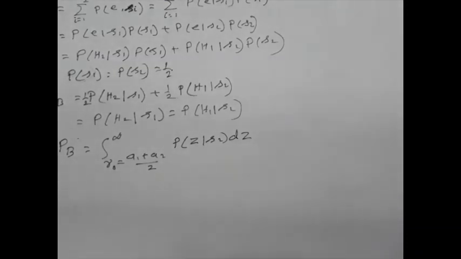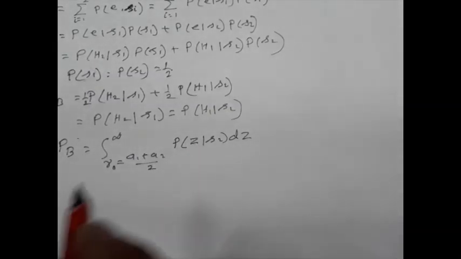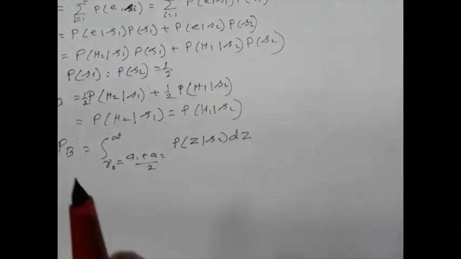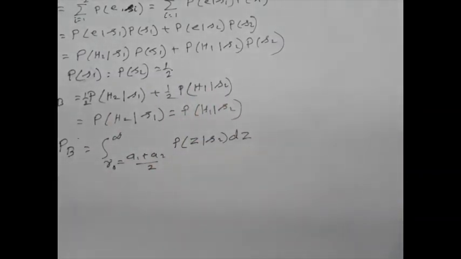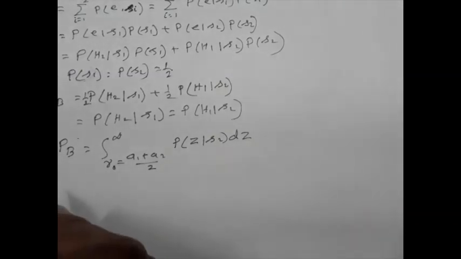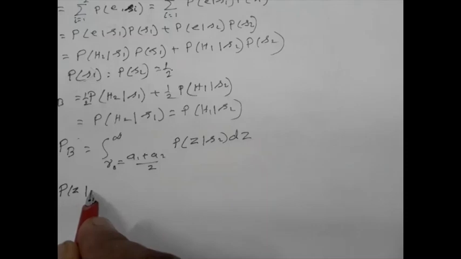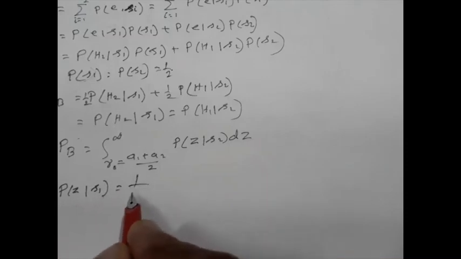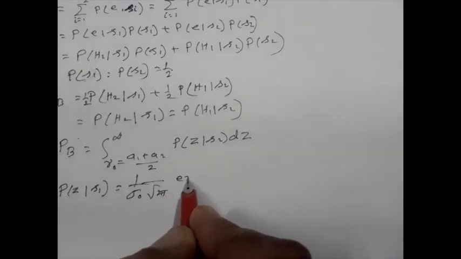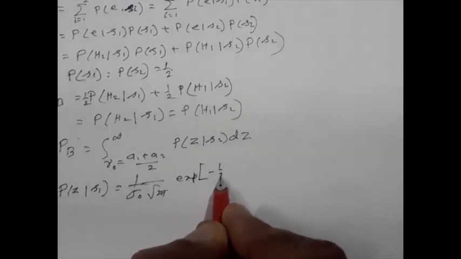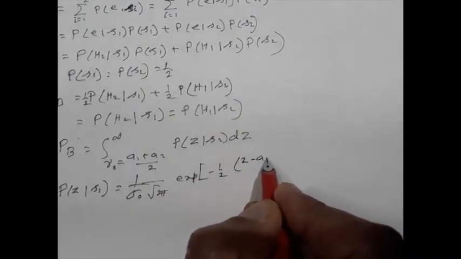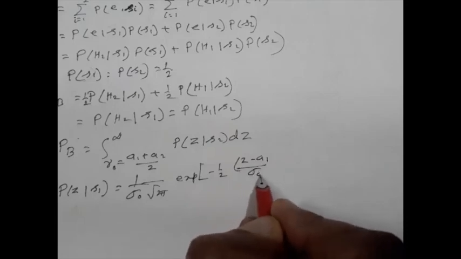Now we will assume that p(z given S1) or p(z given S2), that means the likelihoods, are in their Gaussian form. So if we consider this, then p(z given S1) is equal to 1 by sigma 0 root over 2 pi times exponential of minus half ((z minus A1) by sigma 0) squared.